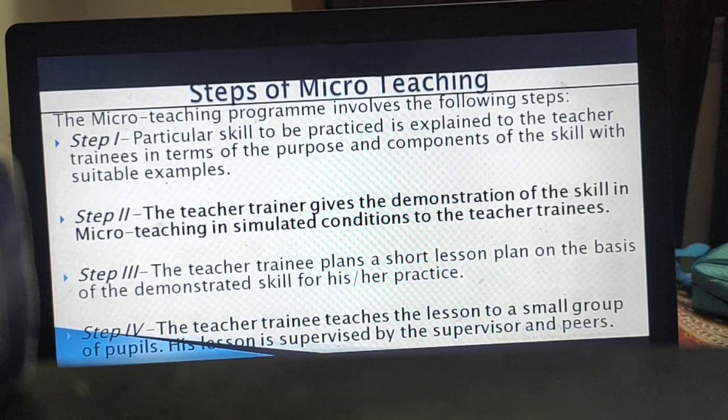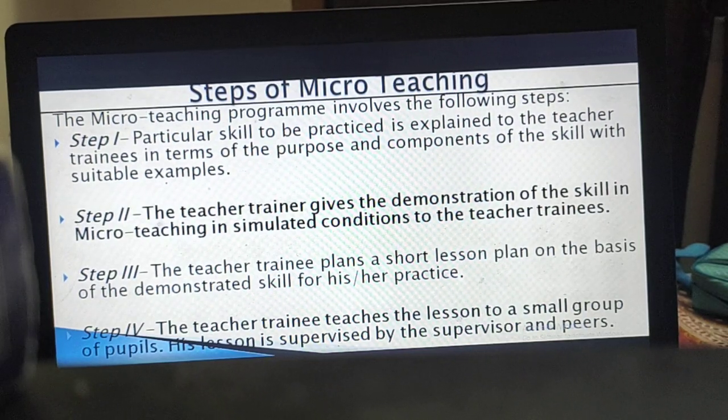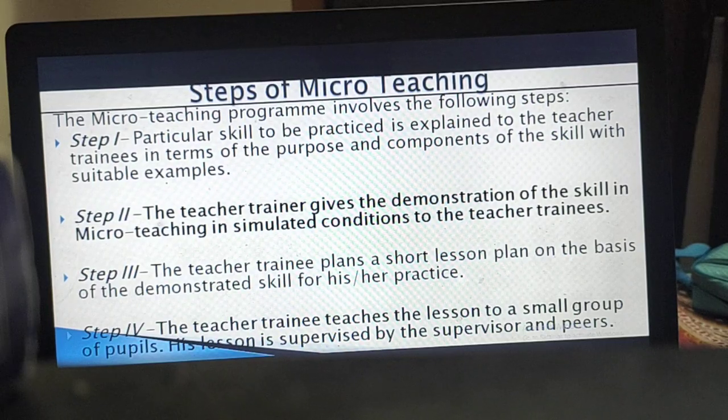Step number 3, the teacher trainee plans a short lesson plan. Number 1, the teacher chooses a teaching skill. Step number 2, he is ready to demonstrate that particular skill which he has taken.